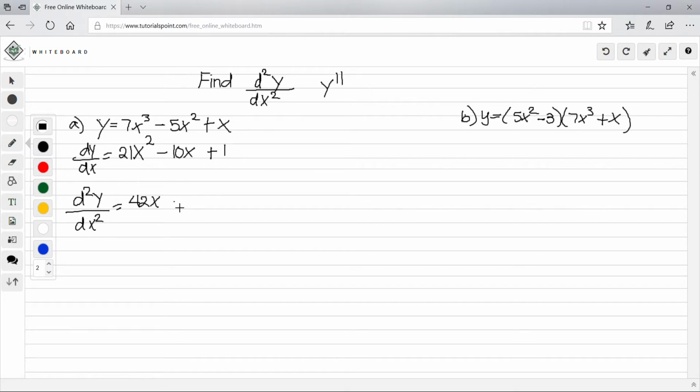And then negative 10 times 1, because there's an invisible 1, right? So it's negative 10. And then x to the 1 minus 1, which is 0, and anything to the 0 power is just 1, so you're just left with negative 10. And then the derivative of a constant is just 0, so this is your second derivative.